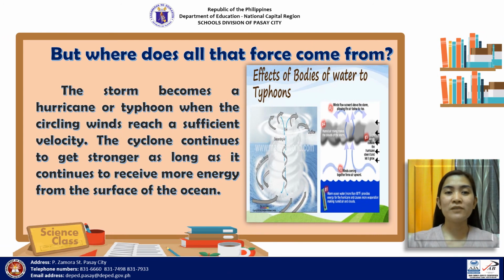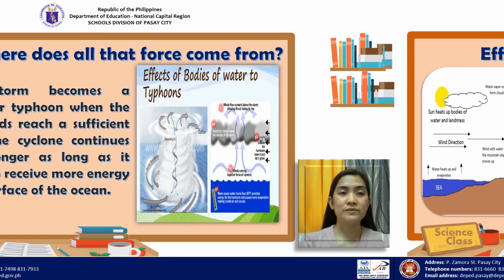The storm now becomes a typhoon when the circling winds reach a sufficient velocity. The cyclone continues to get stronger as it continues to receive more energy from the surface of the ocean. And that is the effect of bodies of water on a typhoon.